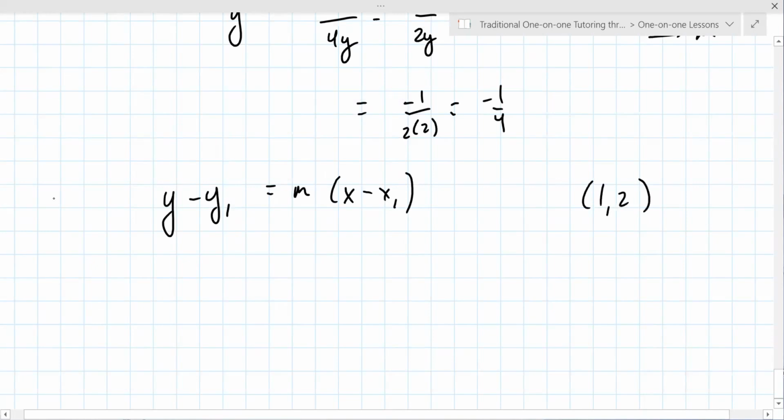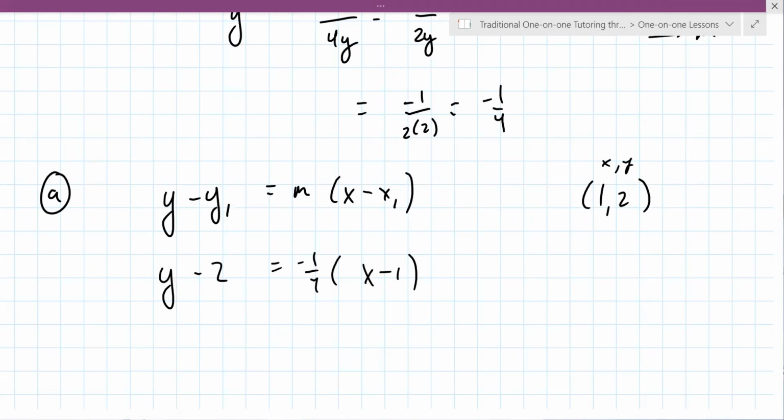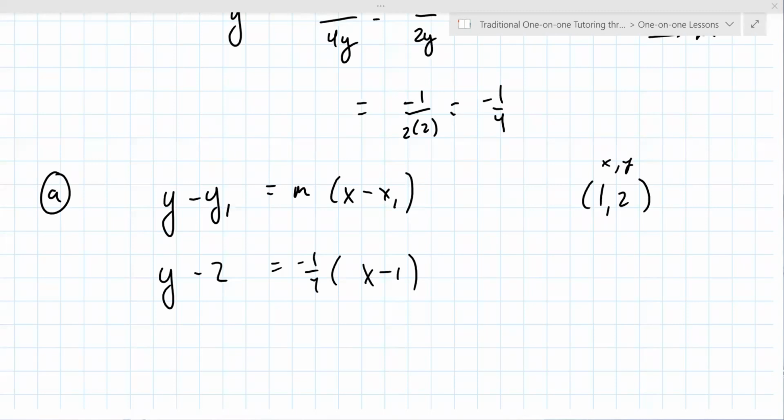That's part A. So y minus 2 equals minus 1/4 times x minus 1. Yeah, okay. Is that clear? Yeah.